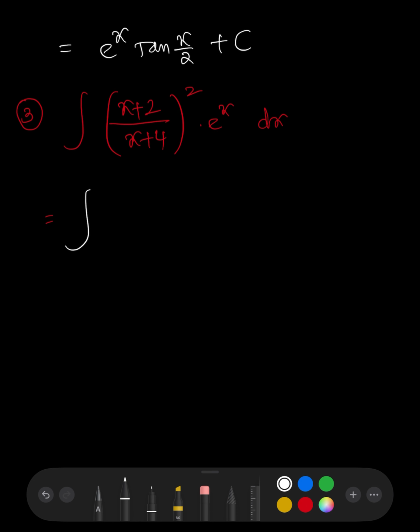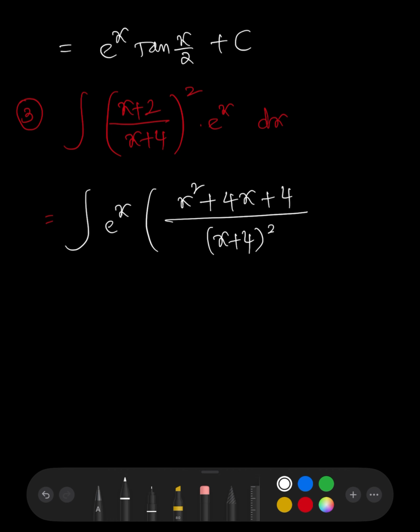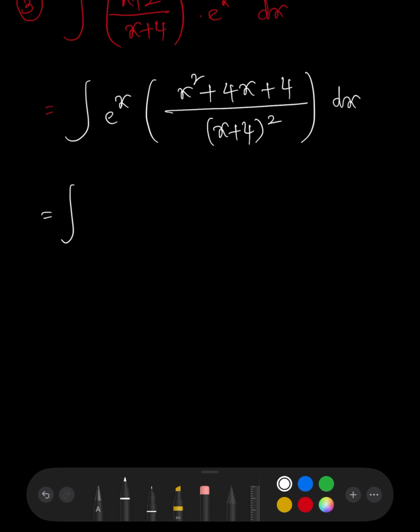Then integration of e power x into, here x plus 2 whole square they given, I will write this as x square plus 4x plus 4 in the numerator, and coming to the denominator I can write this as x plus 4 whole square only, whole dx. So that integration of e power x into, if you split the first two terms, you can keep these two terms as one and the last term.